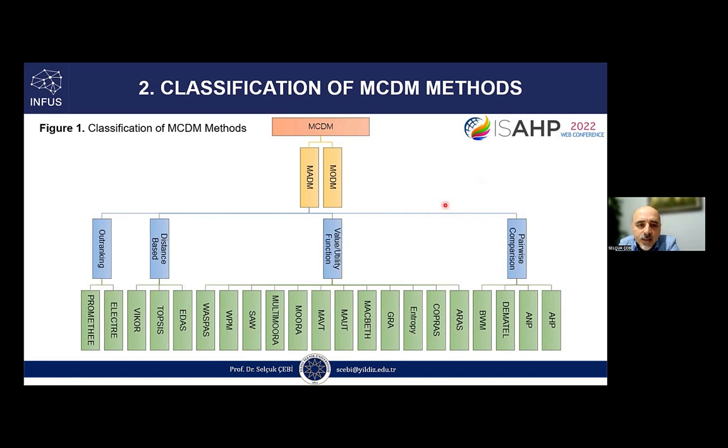Discrete MCDM can be classified into four classes in this study: outranking based methods, distance based methods, value or utility function based methods, and pairwise comparison methods. This study focuses on discrete MCDM techniques since AHP is in this class.